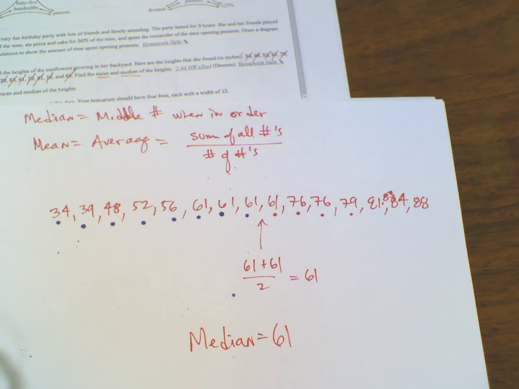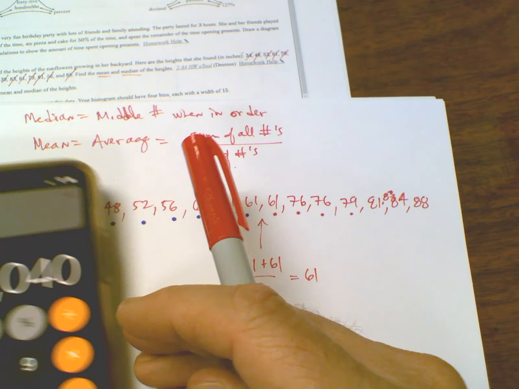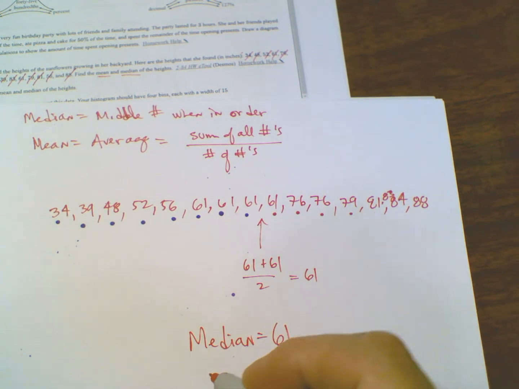So 34 plus 39 plus 48 plus 52 plus 56, plus 61, plus 61, plus 61, plus 61, plus 76, plus 76, plus 79, plus 81, plus 83, plus 84, plus 88 equals... so adding all those up, we get... so our mean, I'm going to do the mean down here.